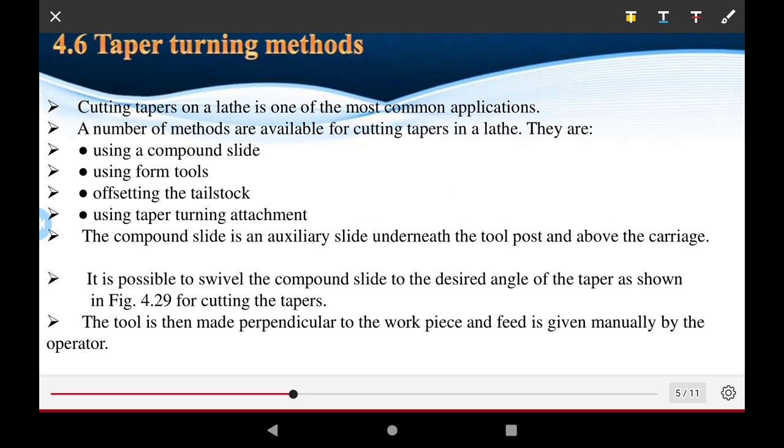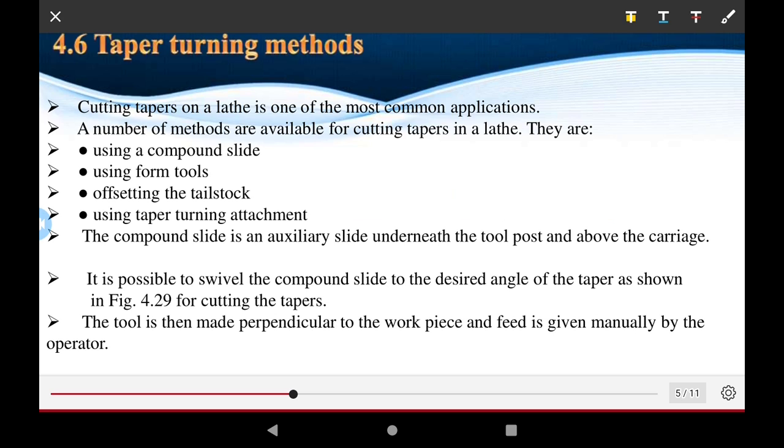The feed rate is selected in increasing order, from the start of the operation to the end, and the tool feed rate increases according to the standard parameters, the needs of the job, customer demand, and market demand. A number of methods are available for cutting a taper on the lathe machine.